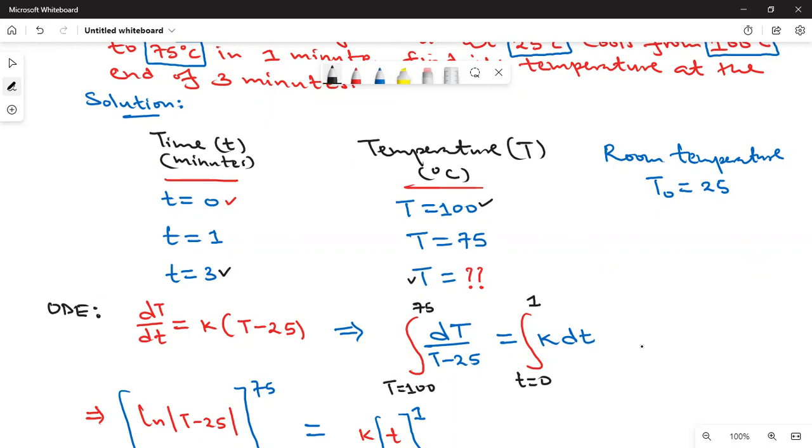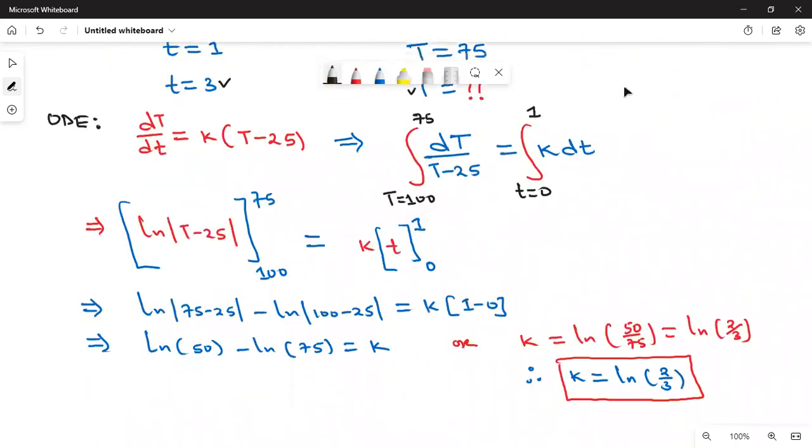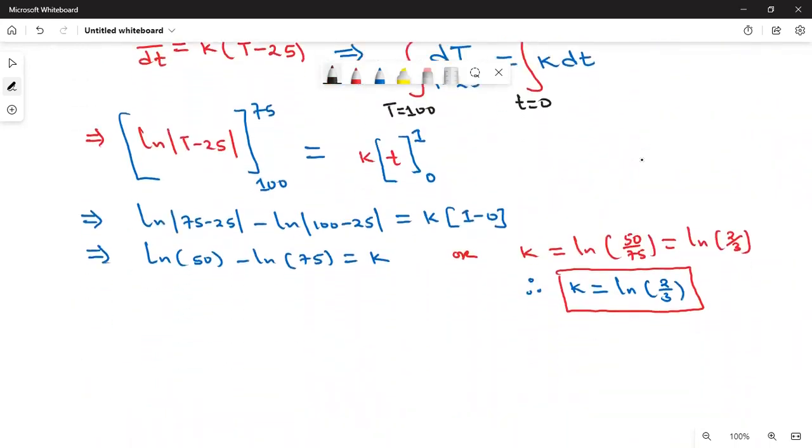So the same integral. You can write here similarly, the integral of dT over T minus 25 is equal to k dt.